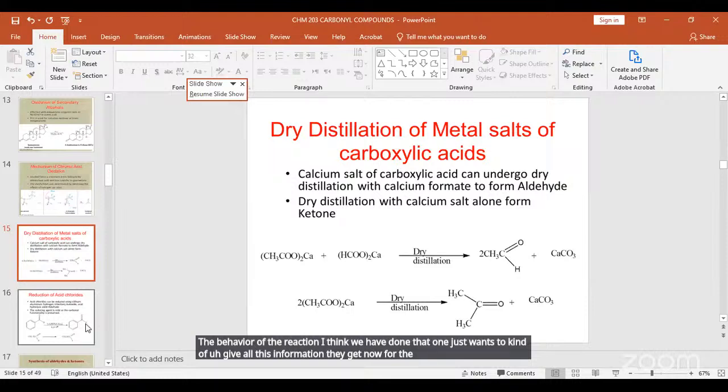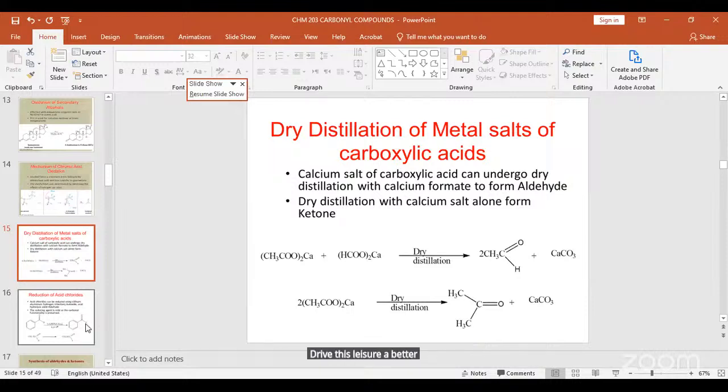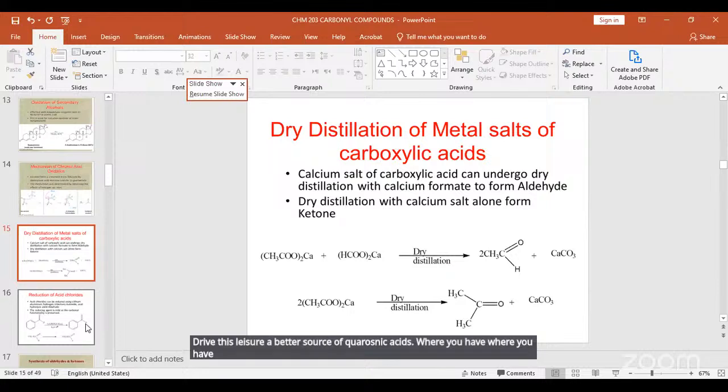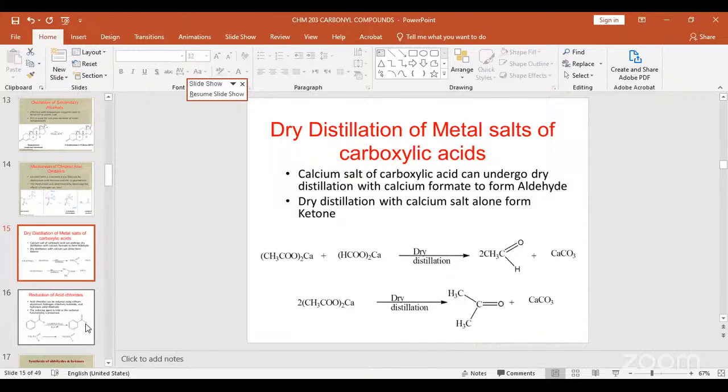Now, for the dry distillation of metal salts of carboxylic acids, where you have calcium acetate and calcium formate, then you will have ethanal.